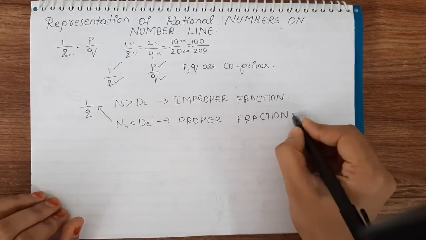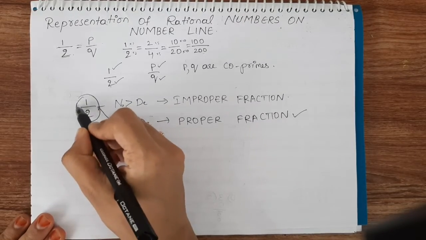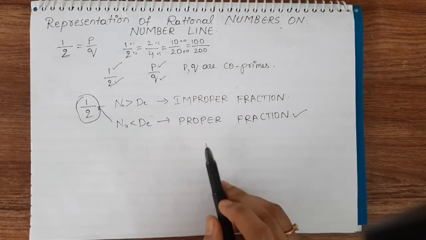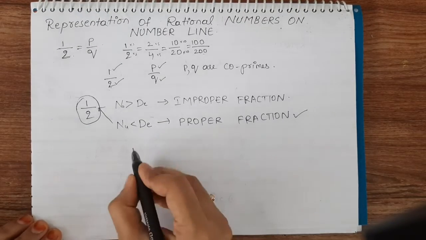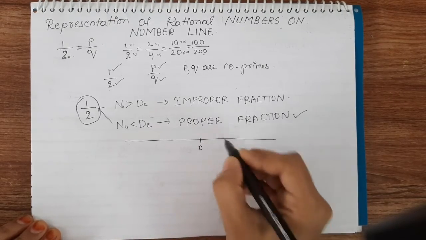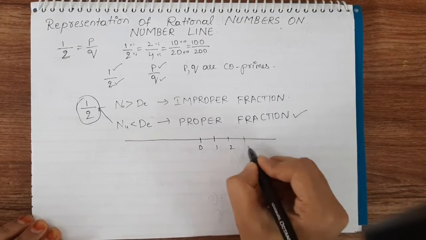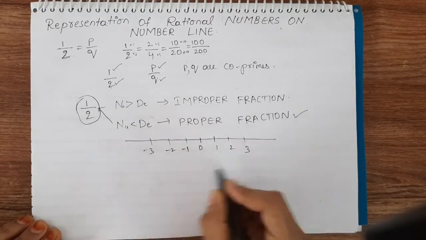First I'll tell you about proper fractions, how to represent this number on a number line. For every proper fraction in which numerator is less than denominator, let this be a number line. I am taking first 0, then 1, 2, 3. Here will be minus 1, minus 2, minus 3. This is a number line, right?